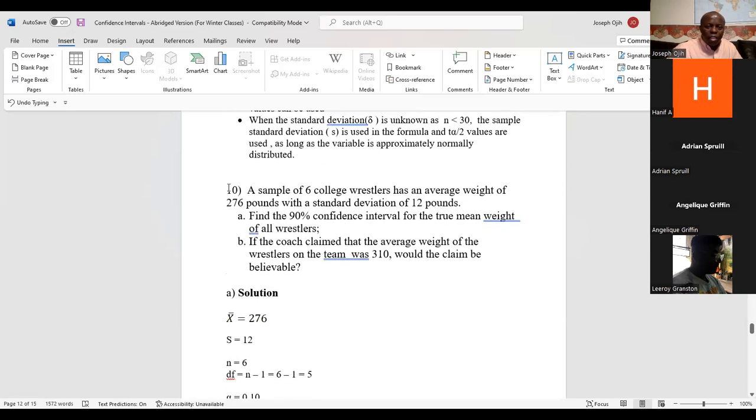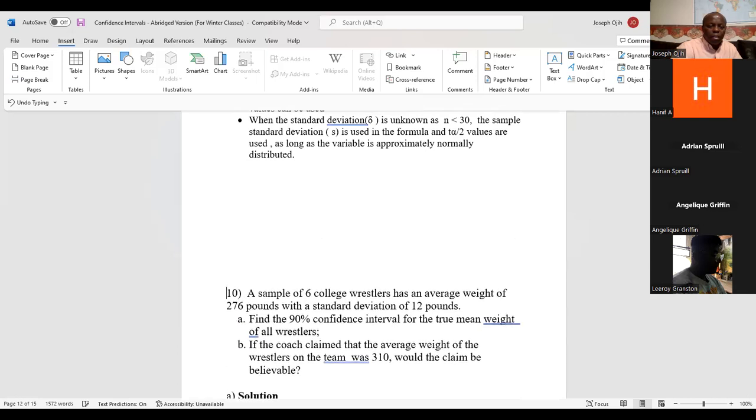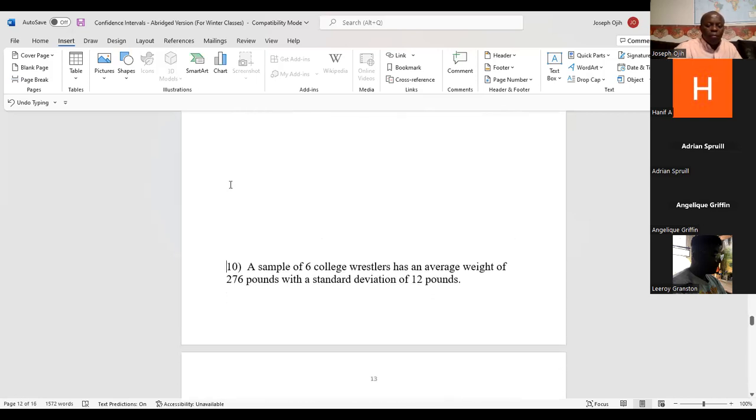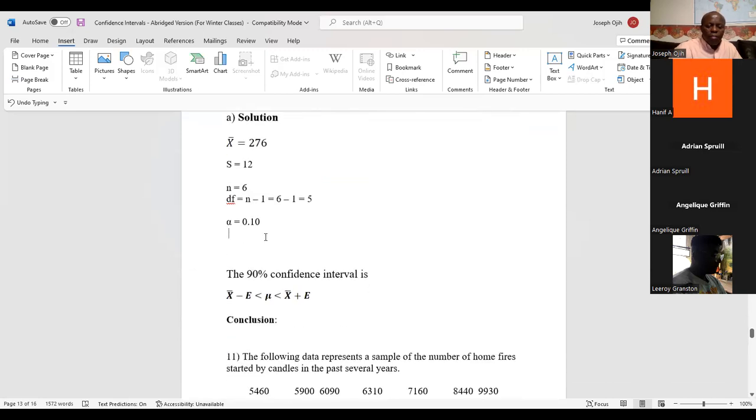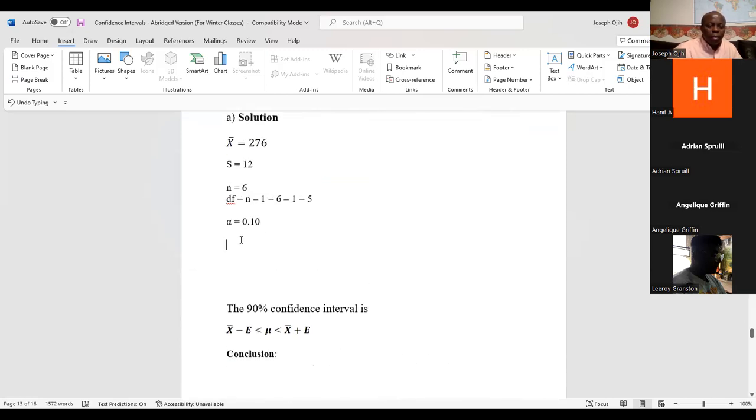Let me move this down so we have more room. So T alpha over 2 is the critical value.